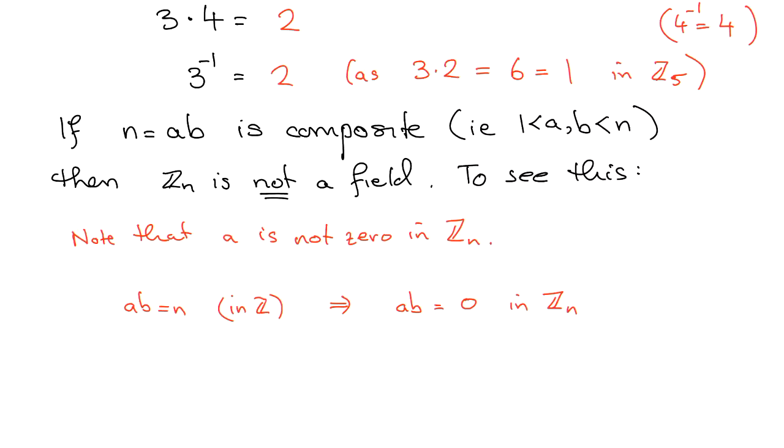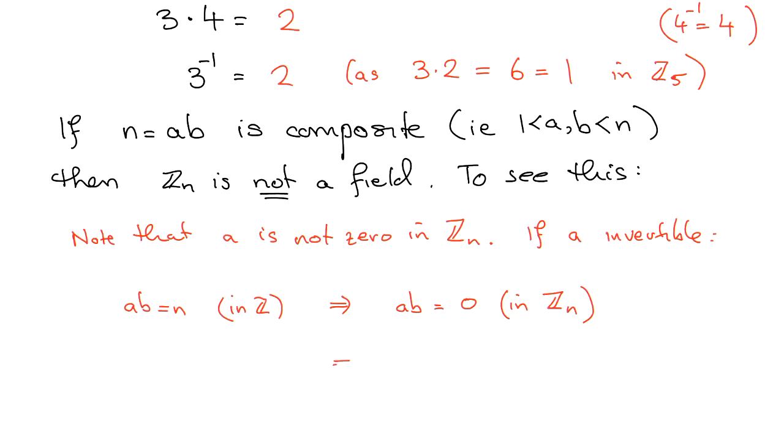If A is invertible, i.e. if we've got a field, then, continuing what I wrote earlier, we've got the equation AB equals n in Z. It's often a bit confusing when you've got equations in Z and Zn, so I'll clarify that by putting little brackets. So that tells us that A times B equals 0 in Zn.